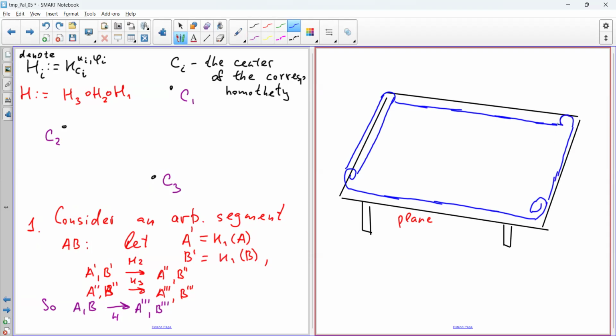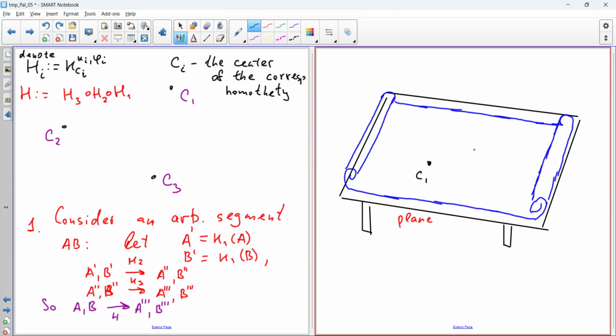And also you have several rules for how you move this paper. You say, okay, there would be a point C1 with respect to which you take the paper, and you take everything which was drawn on the initial plane.